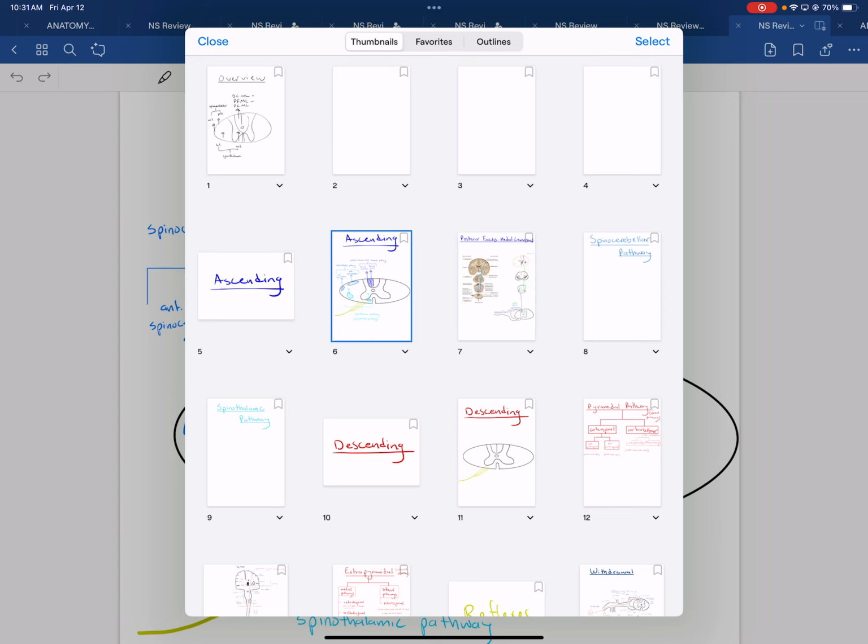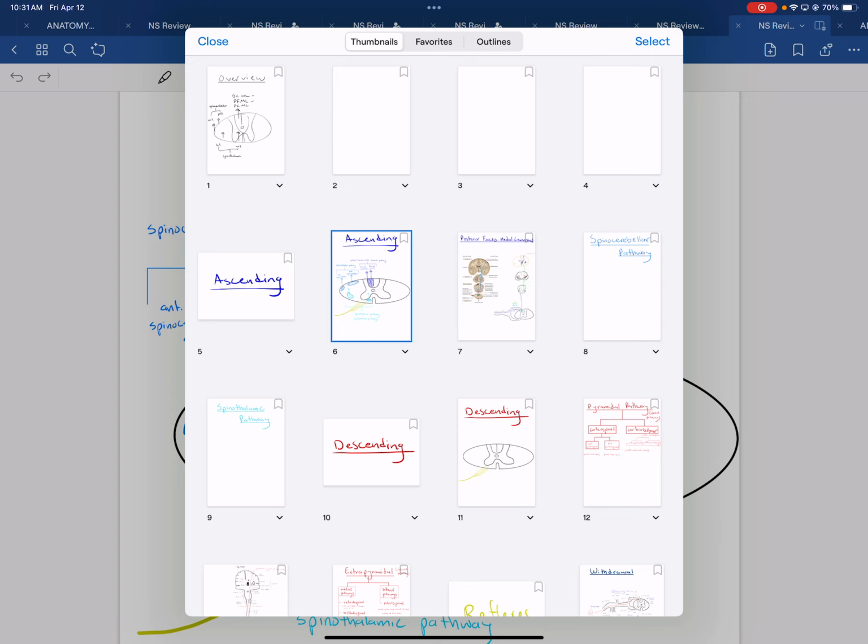My class has to know the medial lemniscal pathway, the anterolateral pathway, the spinocerebellar pathway, and the corticospinal pathway. So I don't think we have enough time to do all of those.